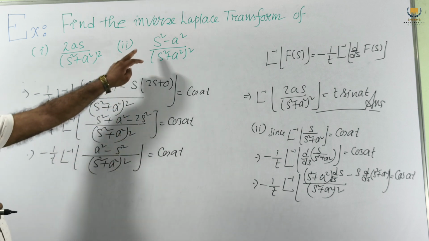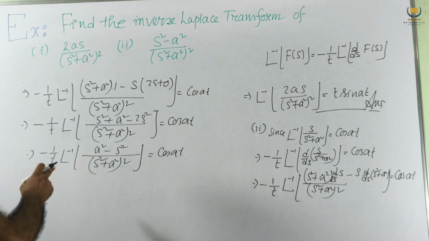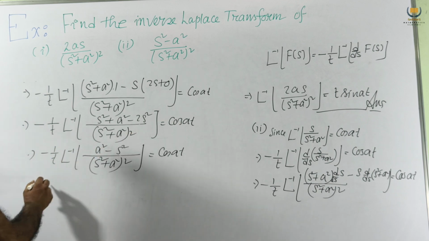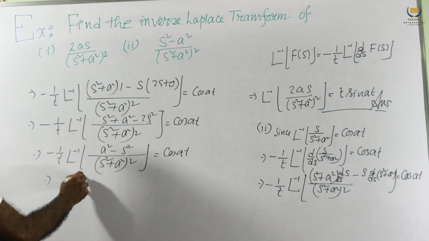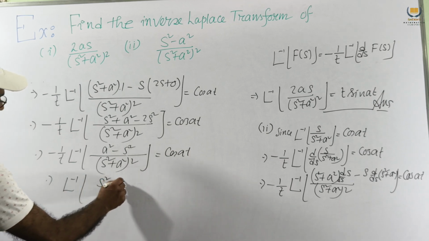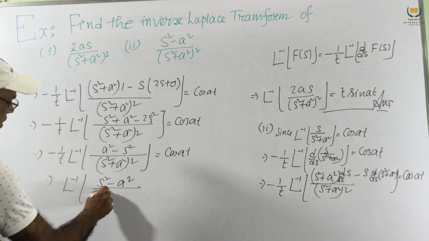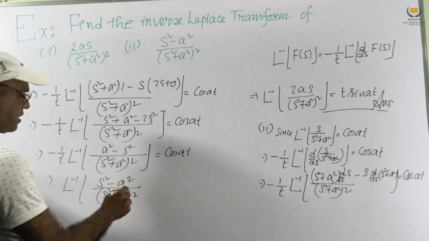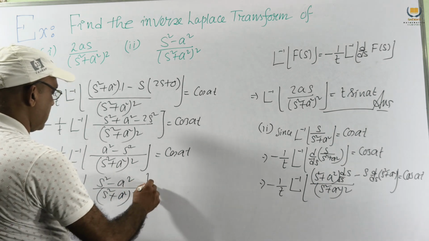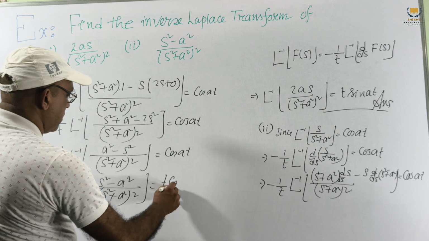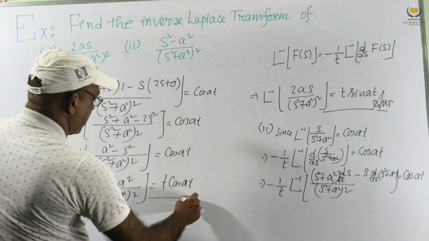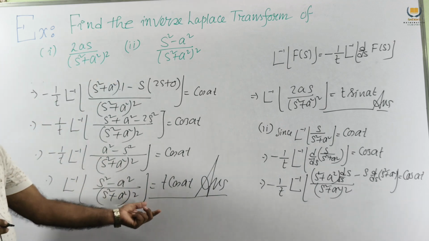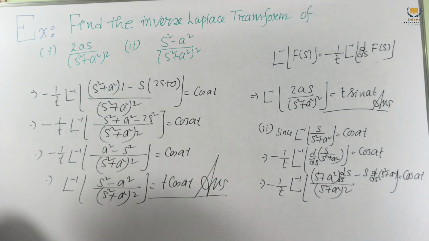But in our problem, s² − a² is given. So multiplying this minus sign within the bracket and t on the right-hand side, this will be L inverse of (s² − a²) by (s² + a²)², and this is t cos at, our final answer.